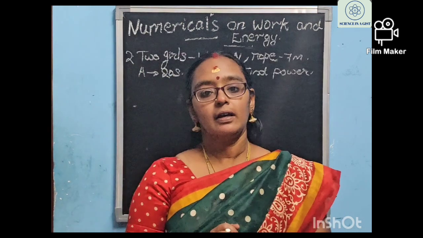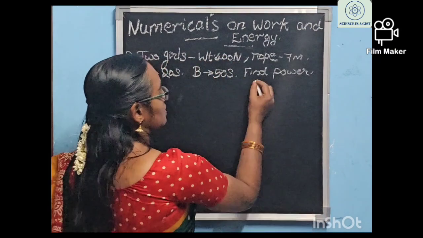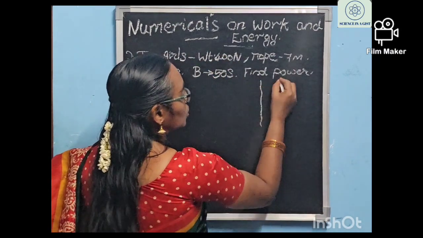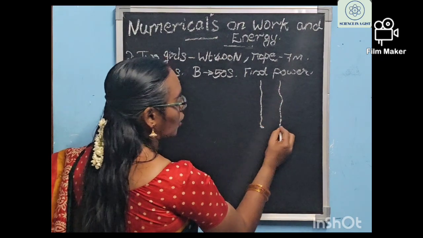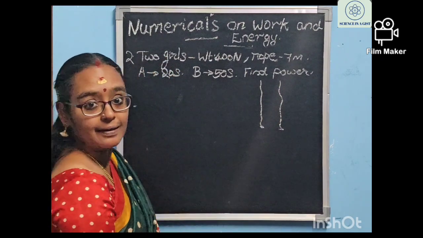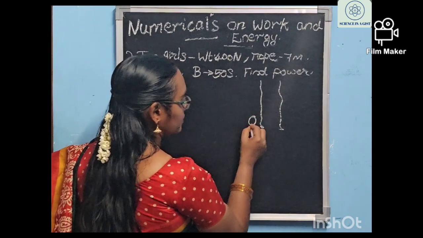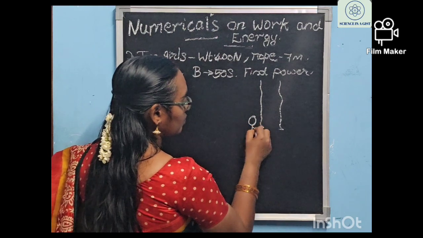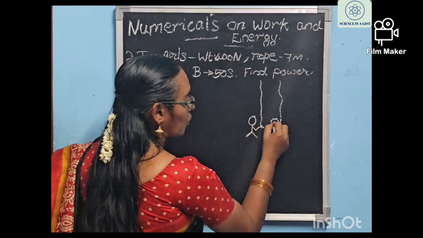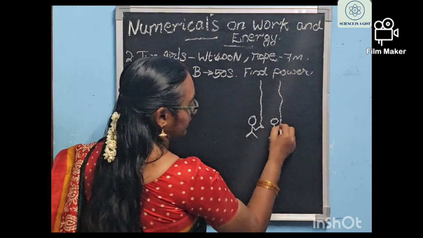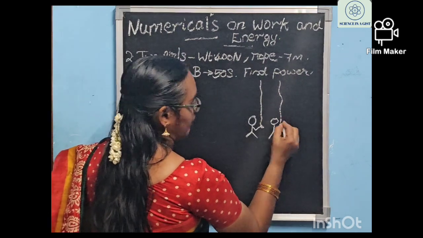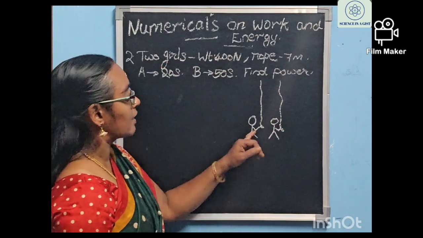Okay, we have read the question, isn't it? Here 2 girls are there and one rope is there and the girls are climbing, isn't it? Each is having weight 400 Newton and they are climbing the rope.